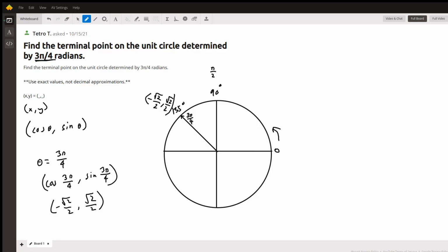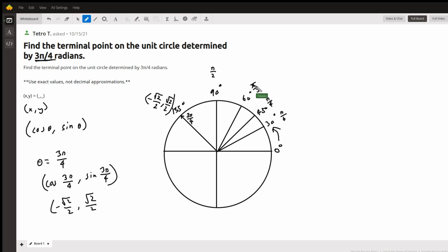Let's just say you know the first three angles: the 0 degrees, 30 degrees, 45 degrees, and 60 degrees. So this in radians is pi over 6, pi over 4, and pi over 3.